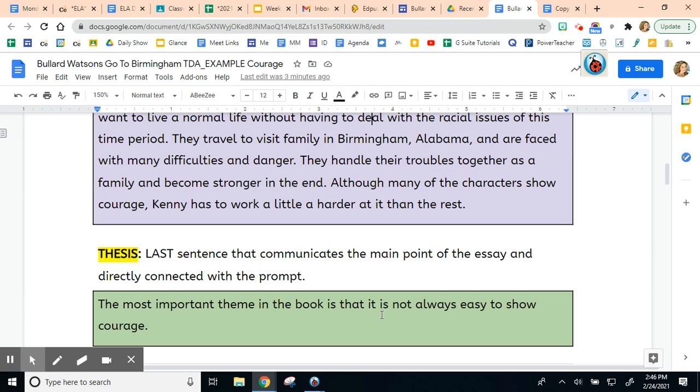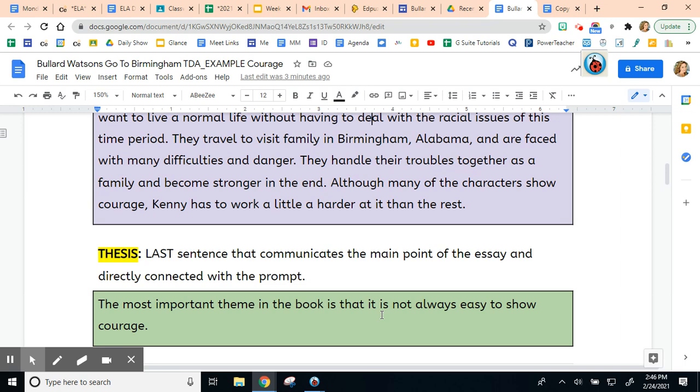If you pick the growing up theme, you're going to say the most important theme in the book is growing up can be difficult. And if you picked the making good choices theme, you're going to write the most important theme in the book is it's important to make good choices. So you can see how you just take the theme that you chose and add 'the most important theme in this book is' before it, boom, you've got your thesis.